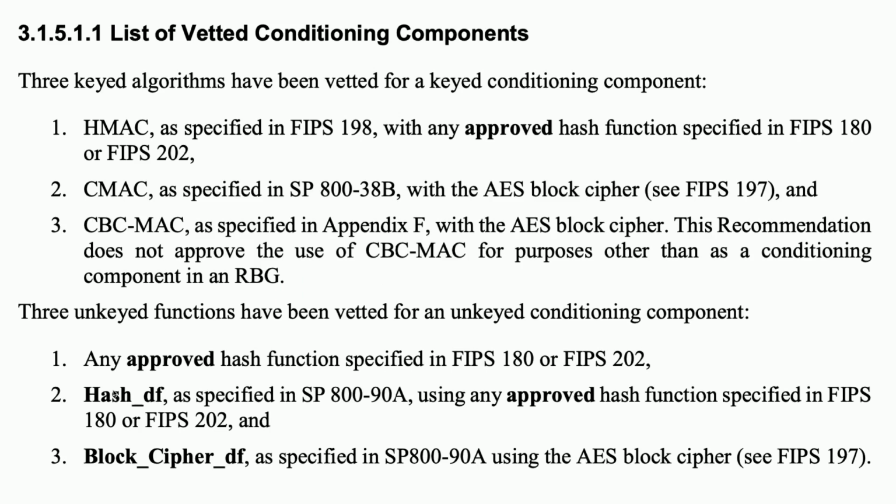So these are not great extractors. HashDF, hash, is not a great entropy extractor. There are proofs that they cannot be on their own a great entropy extractor, which we'll talk a little bit about. And the block cipher is okay, but it pretty much is a copy of what's here. So it's not a very useful thing to have there. So it's in the wrong part of the documents.